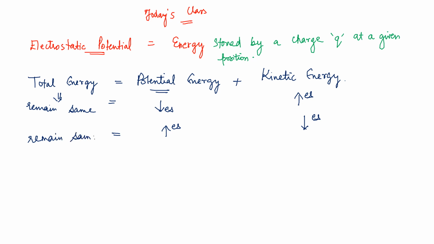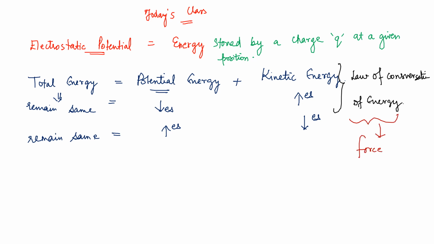How did we conclude this? We concluded this due to the law of conservation of energy. If energy is being conserved, the force showing this kind of behavior is known as a conservative force.